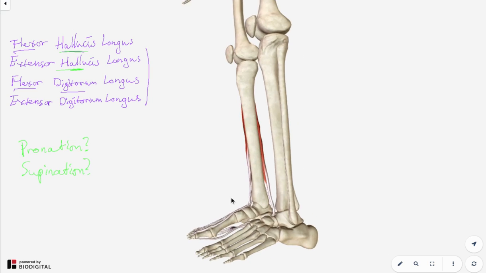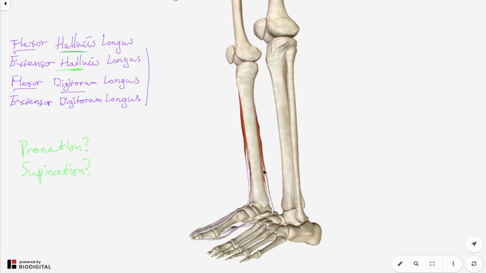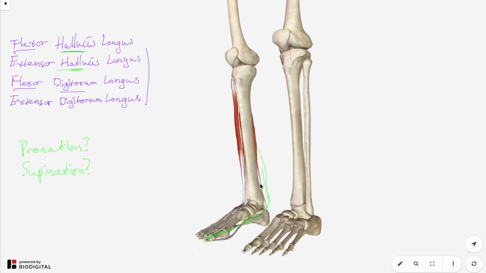Similarly, for the flexor hallucis longus, it would be back here, but it's still going to be involved in the hallux. So even though it has the opposite actions at the toe and the ankle, flexing the toes and plantar flexing the ankle, it still is on this medial side, so it's still going to be supinating the tarsus.